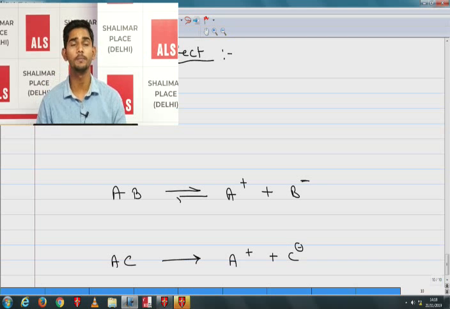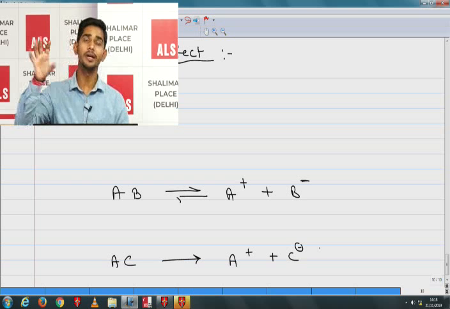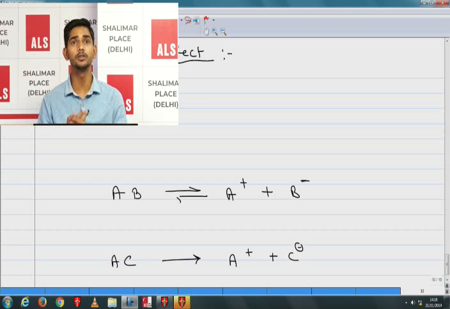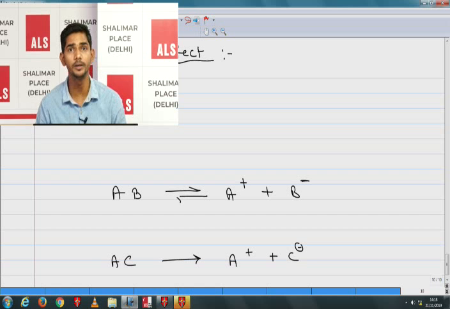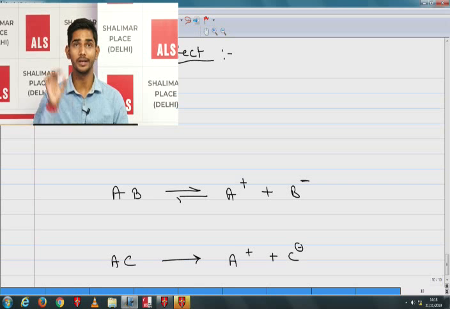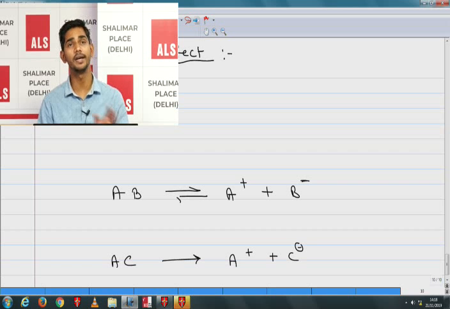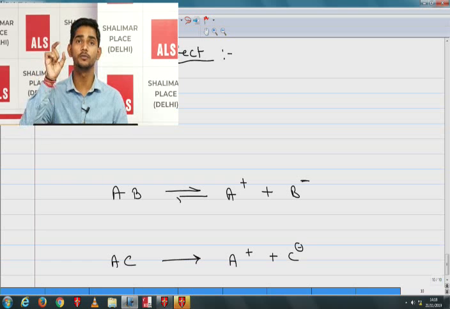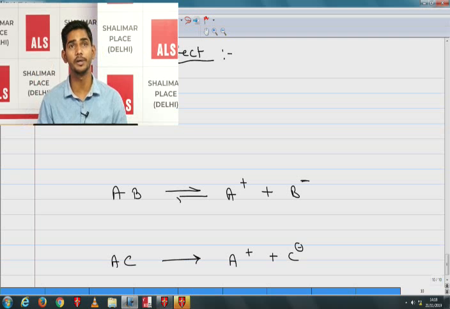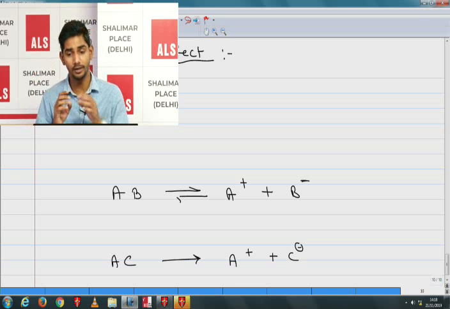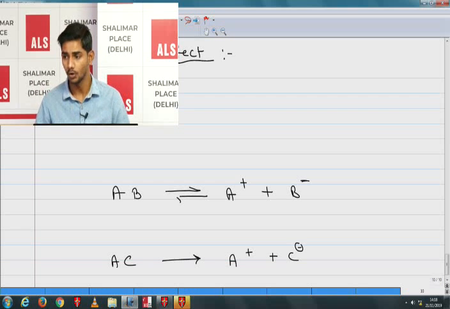Now you can check out, there was already a reaction there where equilibrium was present. But I have added another electrolyte, and after adding that electrolyte, one of the ions which was already present in the first chemical reaction is now introduced there.